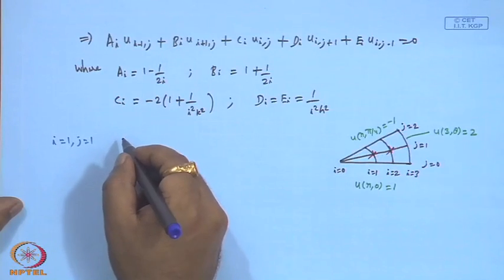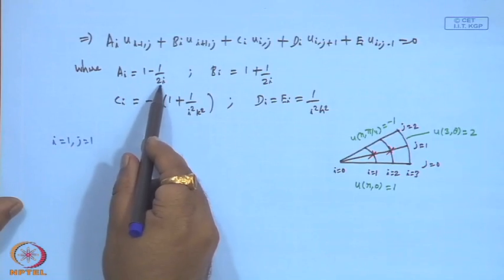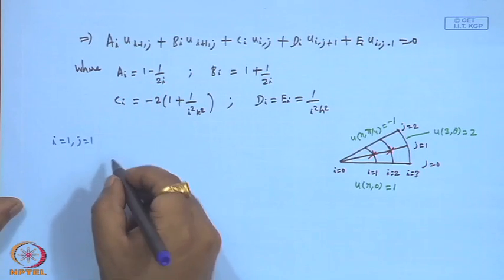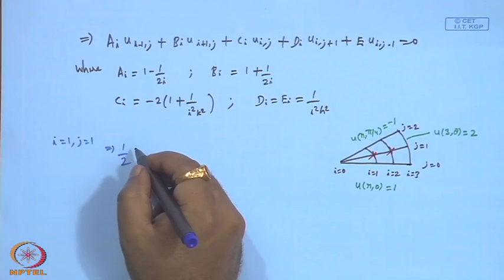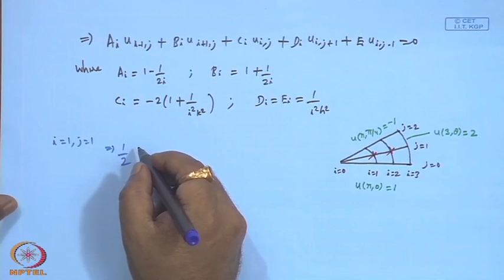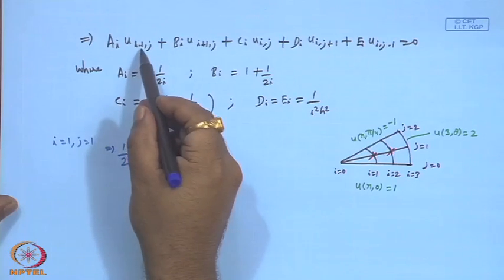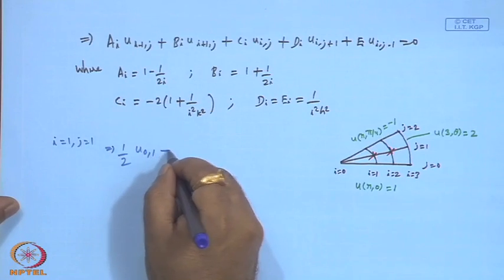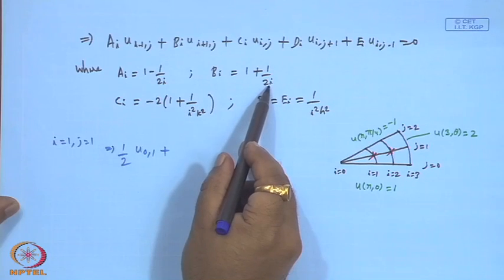So, we get, of course corresponding to i equals 1, a_i is half, a_i is half, u_01 corresponding to this, plus b_i is half, i is 1.